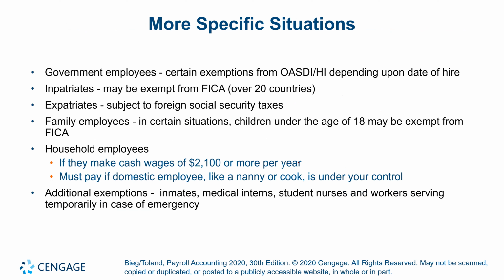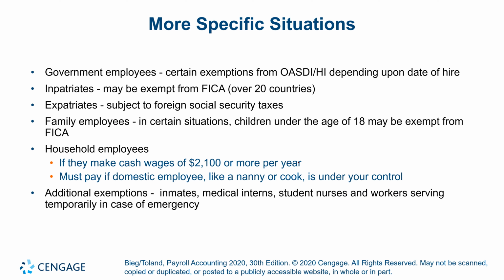So government employees have certain exemptions from the FICA Social Security and FICA Medicare, depending upon date of hire. Impatriates: an expatriate is someone that moves to a different country, and an impatriate is someone who moves from a different country to here.